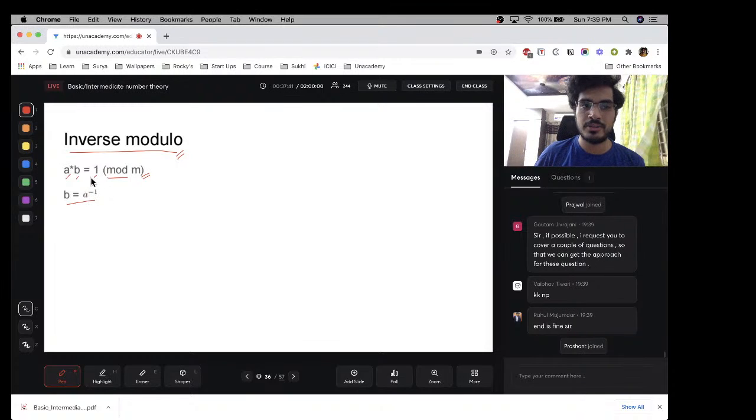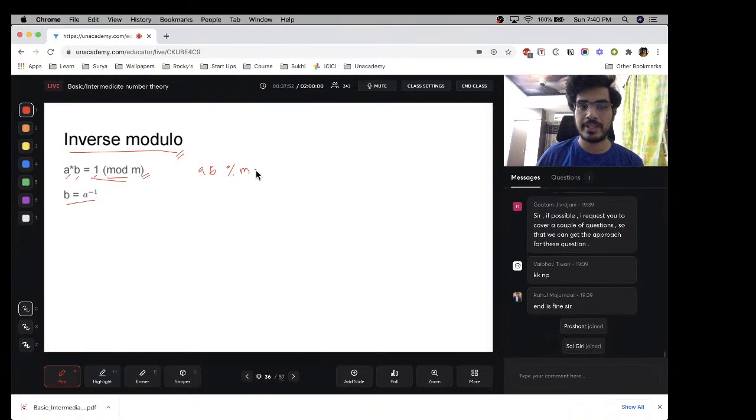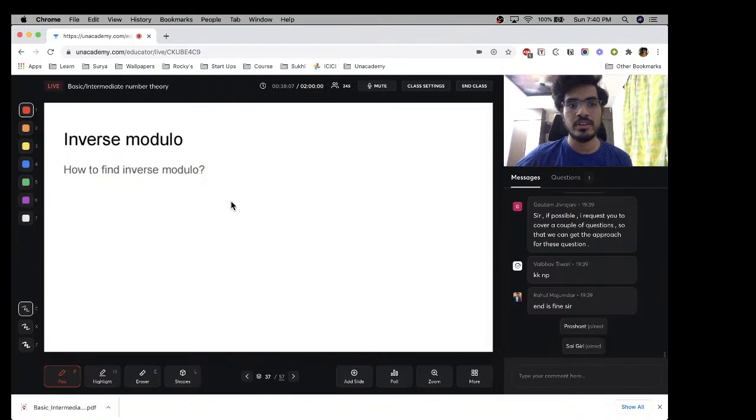We already know this notation: if a b mod m equals 1, then b equals a inverse, or a is called b inverse. So how do we find the inverse?